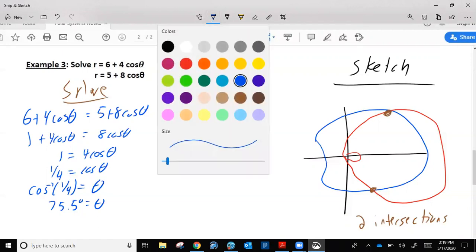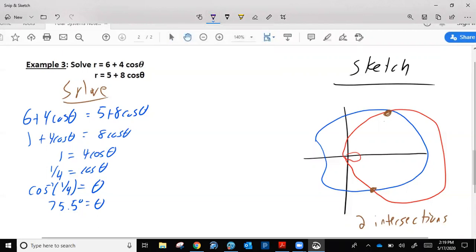Again, that's the answer here in the first quadrant. So I know this reference angle is 75.5. That tells me the other solution is 75.5 degrees away from the x-axis into quadrant 4.